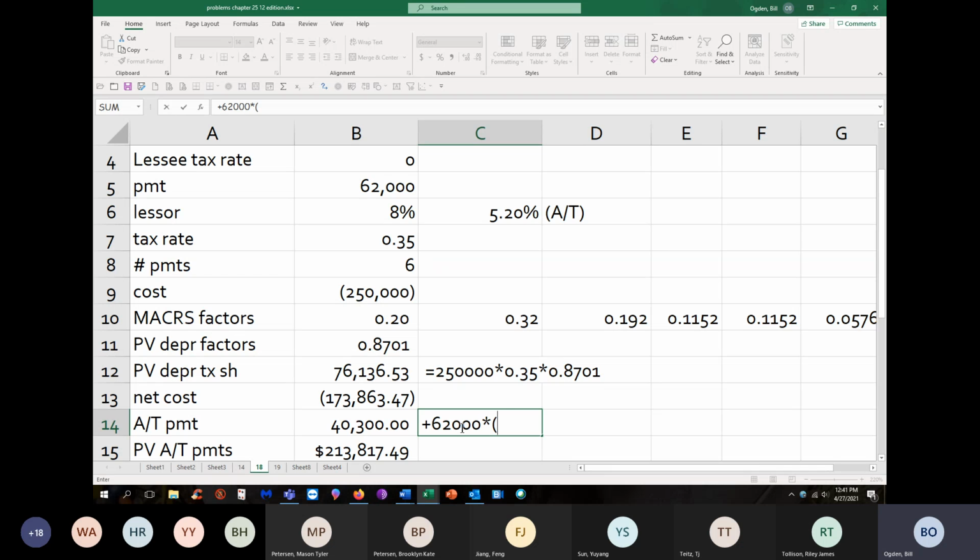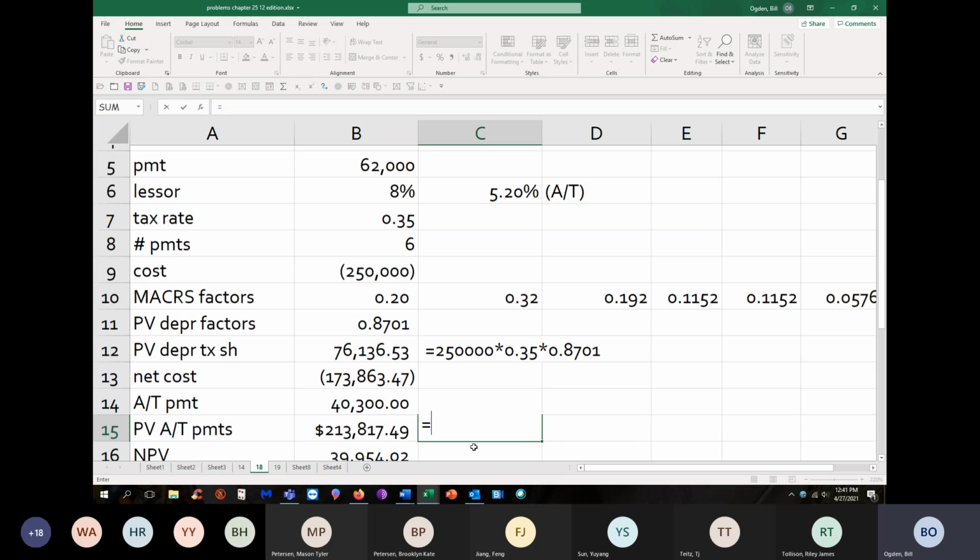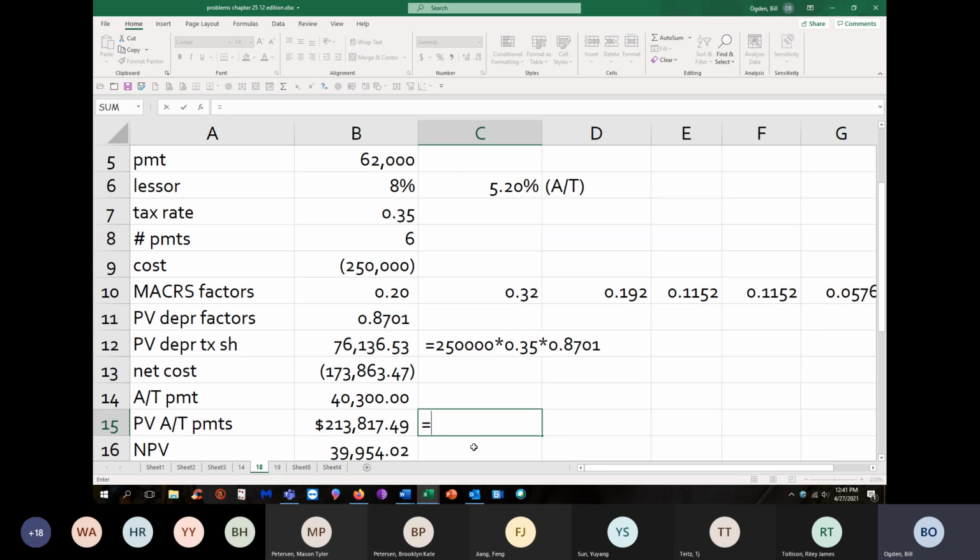So we'll multiply that times 1 minus 0.35, and we see that that's an after-tax payment of 40,300. So I did this in a separate step rather than just embedding it in the present value of the after-tax payments. And so now I just calculate the NPV, equals the present value, forgive me.